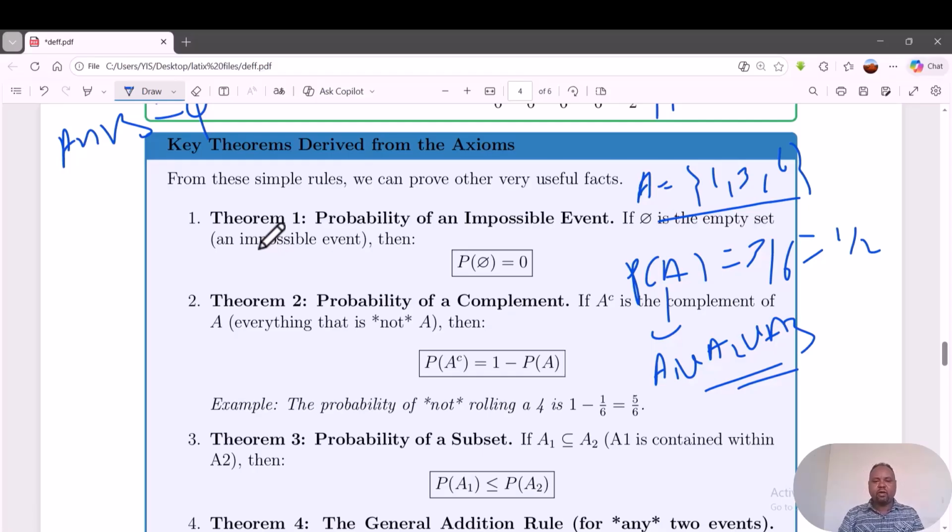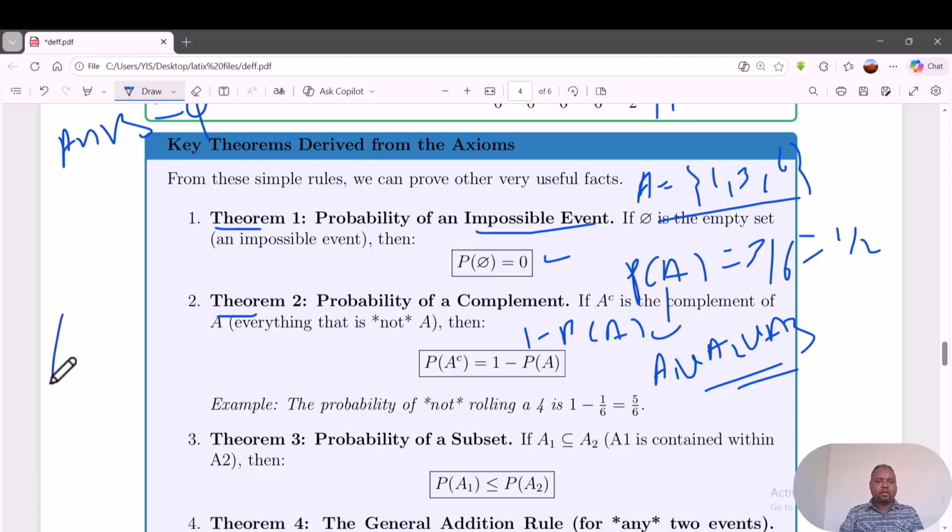We can define and compute any probability from the 3 axioms. For example, theorem 1: the probability of an impossible event is given by S1. This can be proved. Theorem 2: probability of a complement. If A complement is the complement of A, then its probability will be 1 minus the probability of S1, right?